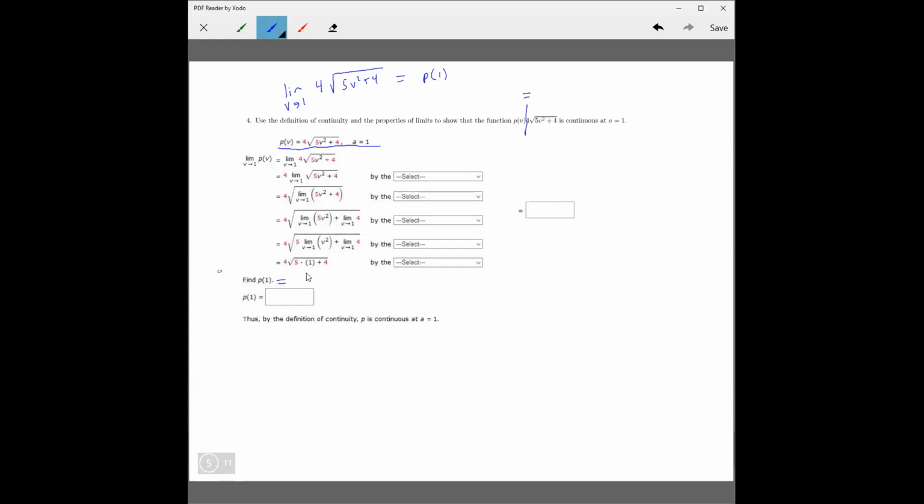So you plug in a 1 for v. And that's going to be 5 times 1 squared is 5, plus 4 is 9. So that's going to be 4 times 3, which is 12. Okay, so that's going to be 12.